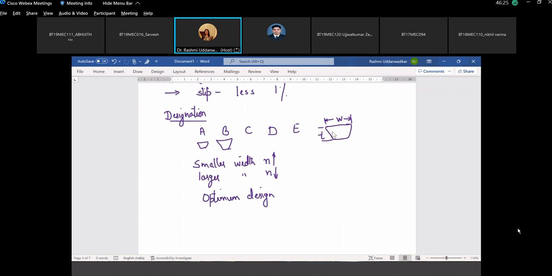Now, while we design, we'll refer to the design data book. This is the length at the nominal or neutral axis. This would be the length of the belt at the inner surface, and when you are measuring here, this would be the length of the belt at the outer surface.